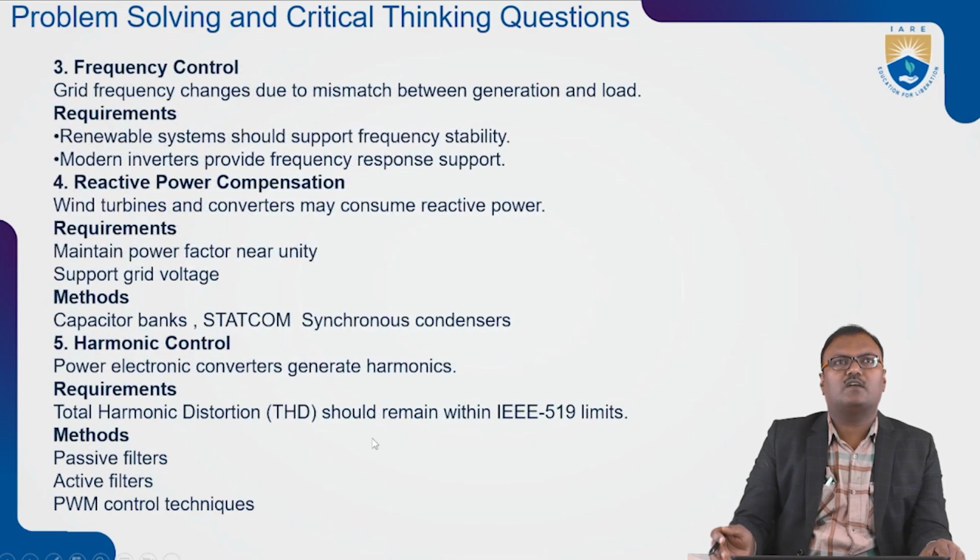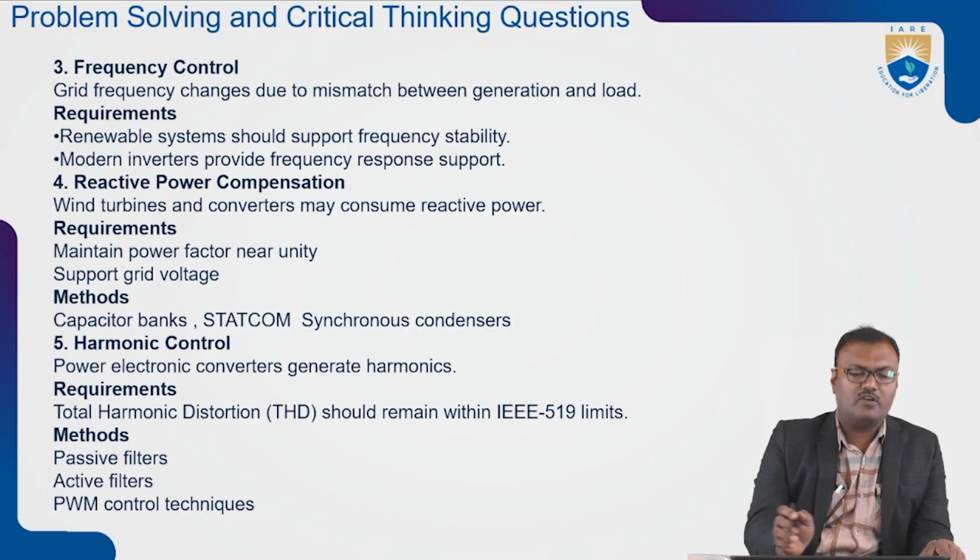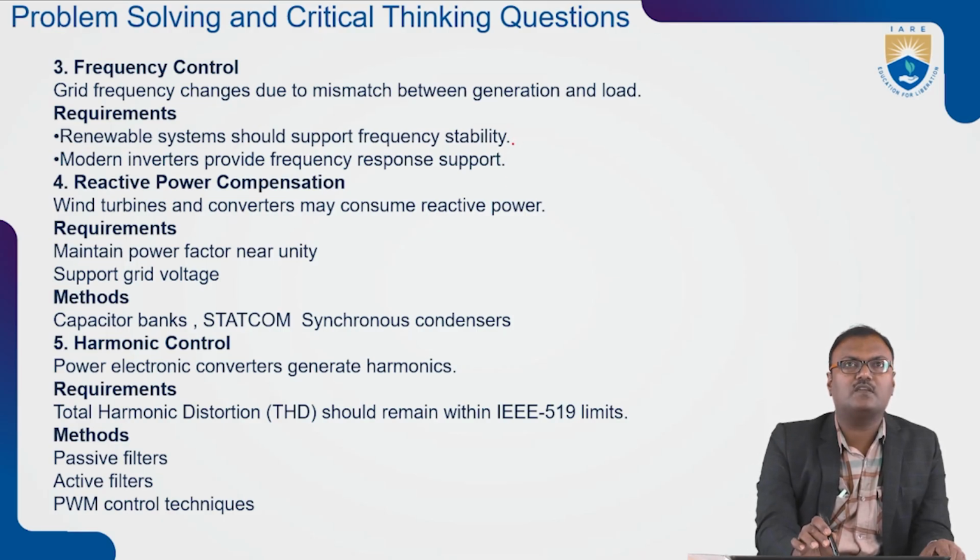And next one is frequency control. Grid frequency changes due to mismatch between generation and load. Renewable systems should support frequency stability, and modern inverters provide frequency response support. Then reactive power compensation.